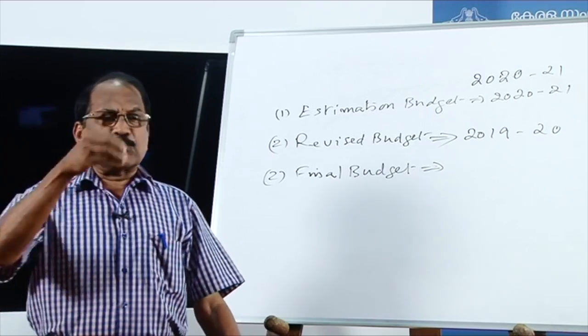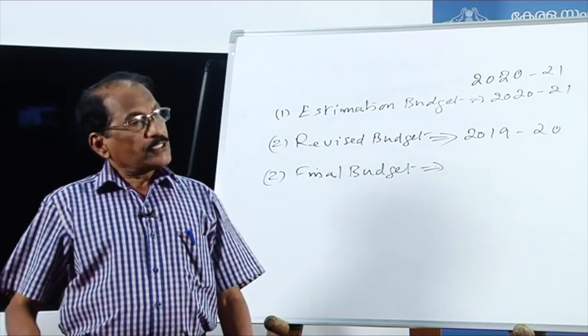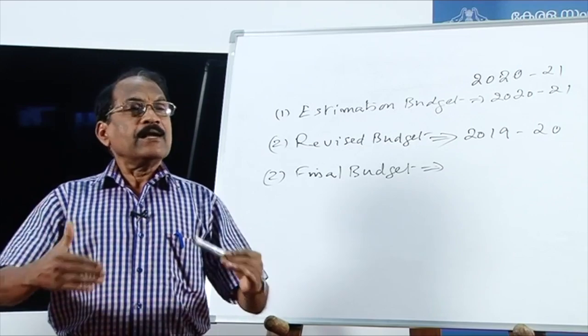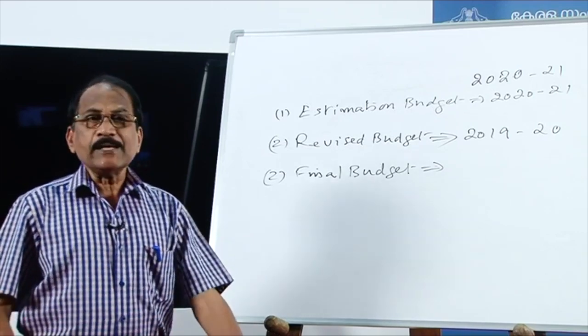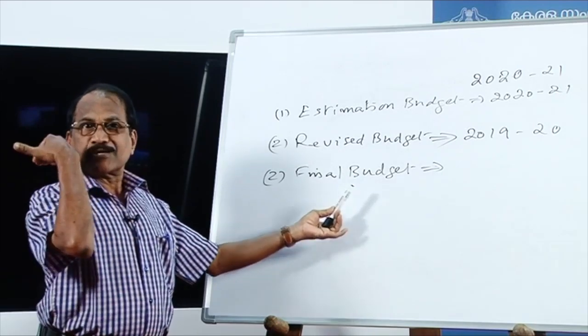Correct expenditures on different provisions mentioned in the budget, as well as the correct revenue received from different sources, can be assessed only with regard to the previous financial year.